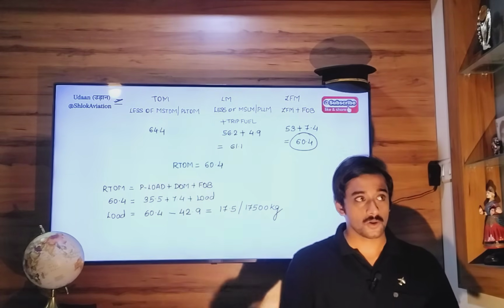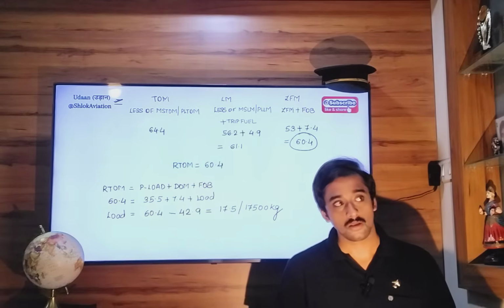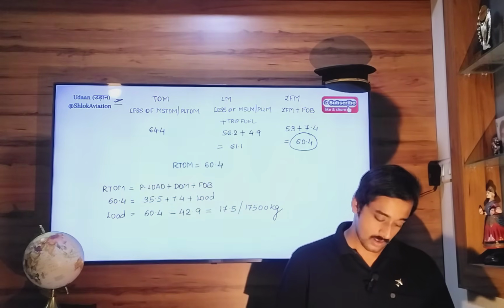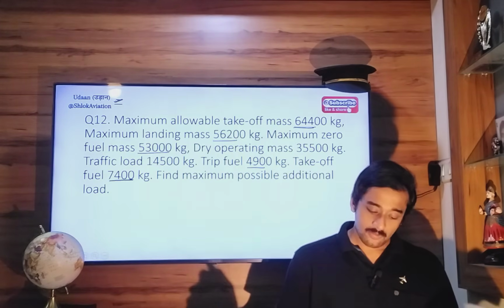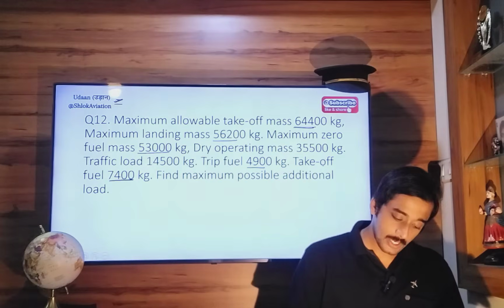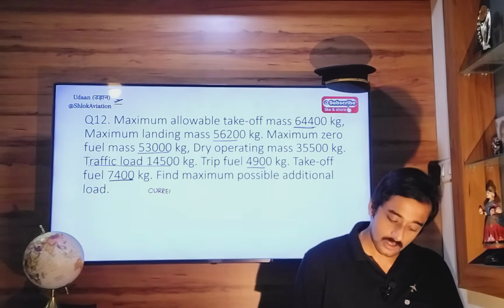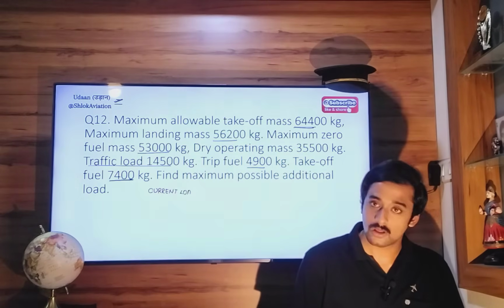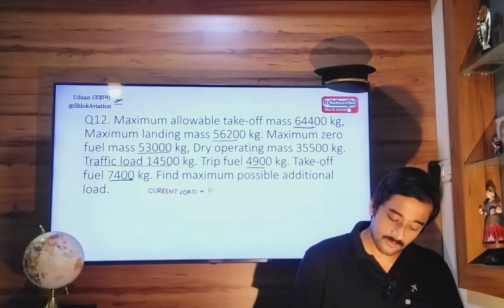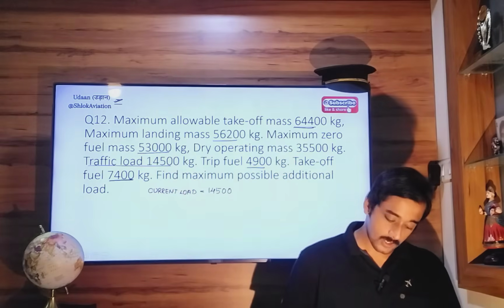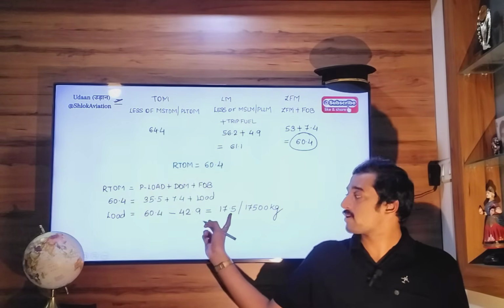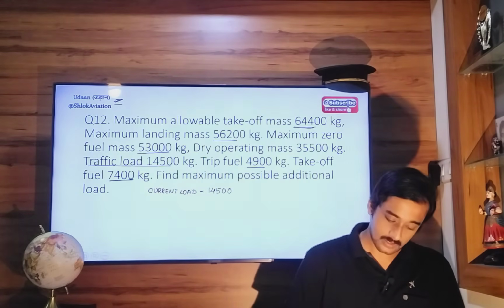Okay. So find maximum possible additional load. So currently you are carrying a traffic load, current load is equal to 14,500. What is the capacity? Capacity is 17,500.